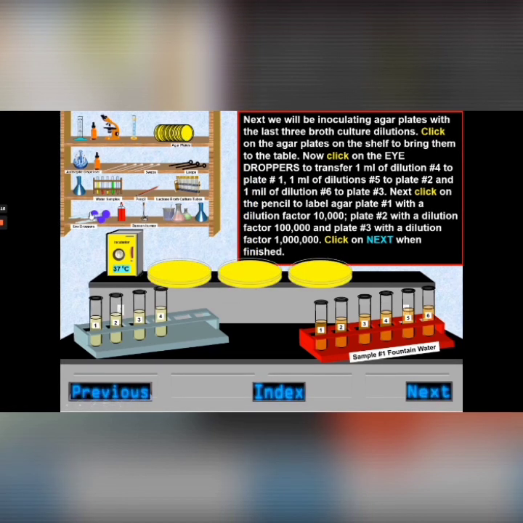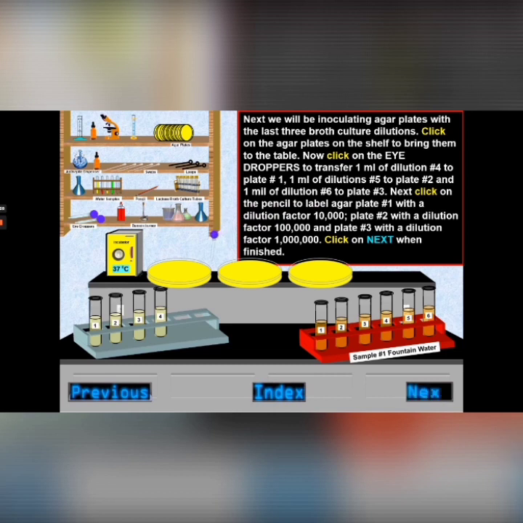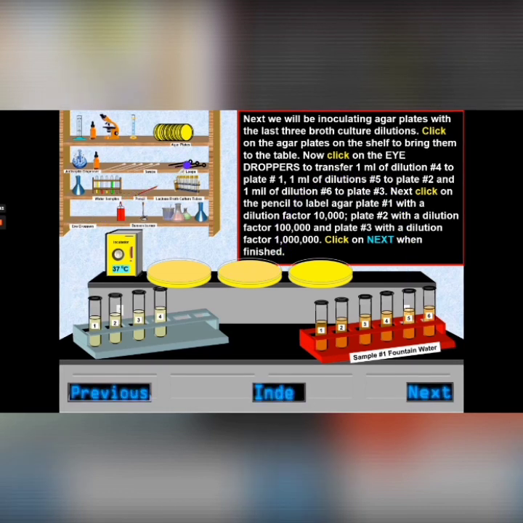Then we click on the eye dropper to transfer about 1 ml of the dilution from tube number 4 to plate 1, then about 1 ml of dilution from tube number 5 to plate 2, then about 1 ml of the dilution from tube number 6 to plate number 3.